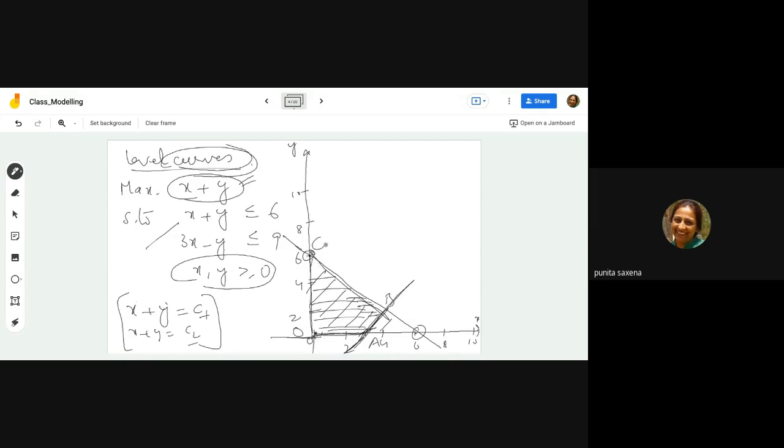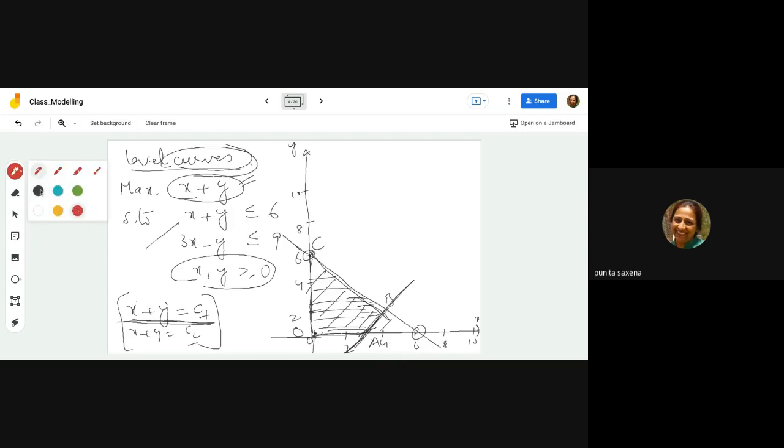But supposing you have more constraints and therefore more coordinates for the extreme points, you will be unnecessarily computing the values of z. So what we can do is give a convenient value to this objective function. Say I say x plus y equal to 2.